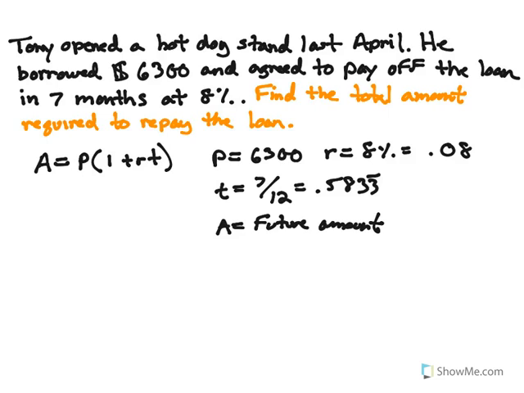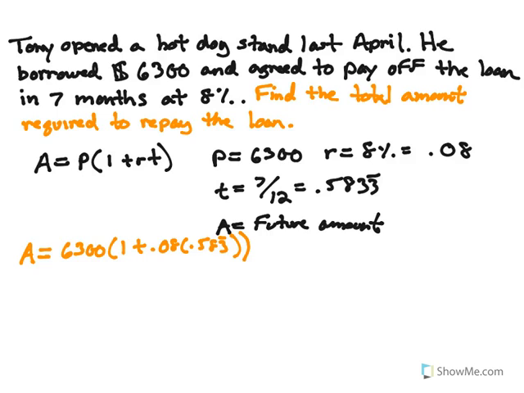So when you use the formula, A is what we're trying to solve. We know P is going to be 6,300 times the quantity 1 plus R times T. Well, the R is 0.08 times 0.5833 with the bar. Put that all in parentheses.